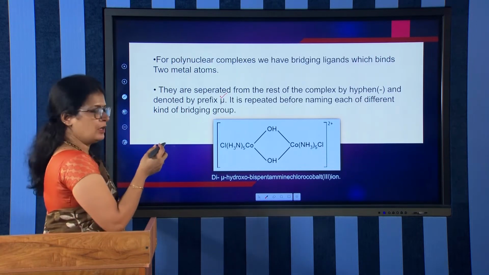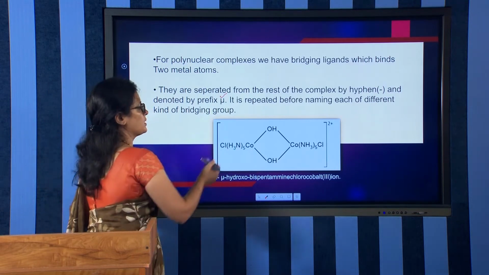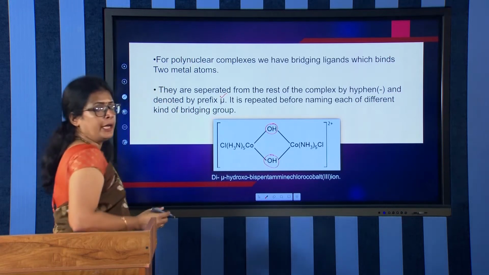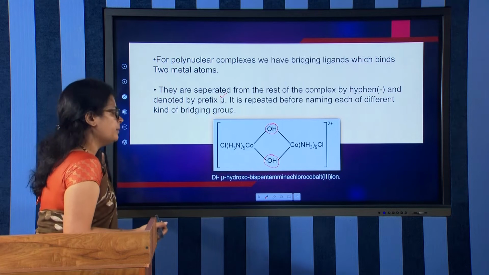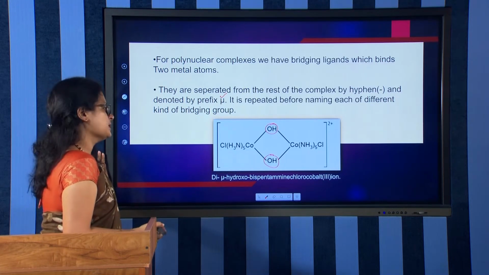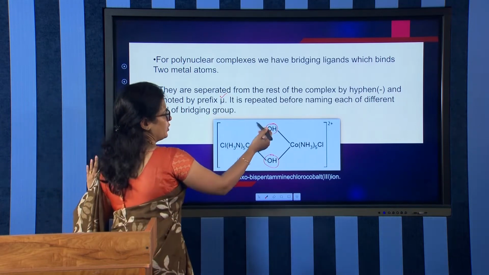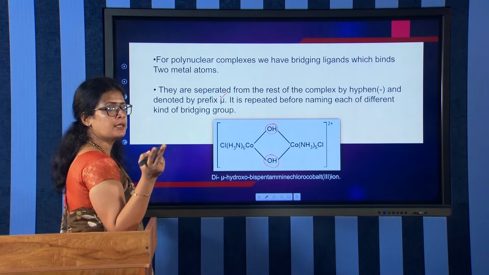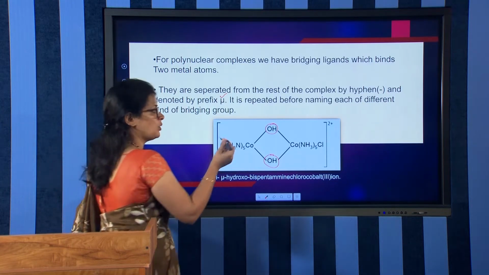If we work out an example, it will be clearer. This is a bridged complex, where the OH, that is hydroxyl ligands, are the bridging ligands. And while naming this bridged complex, what should be followed? Which is the bridging ligand? Hydroxyl ligand. How many bridging ligands are there? 2 bridging ligands. And what is the type of the bridging ligands? Both are the same, hydroxyl ligands.